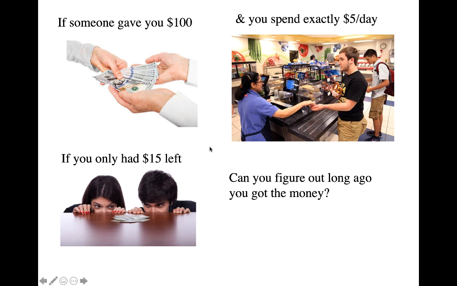This math is not hard at all. You should have taken $100 is what you started with, minus the 15 you have left. So you've spent $85. And if you're spending it $5 per day, it was 17 days ago that you got your money. So this is the level of math that we're going to need for carbon-14 dating. Not super hard. So let's go figure out, how do we find out how much carbon-14 was in the body when it died?